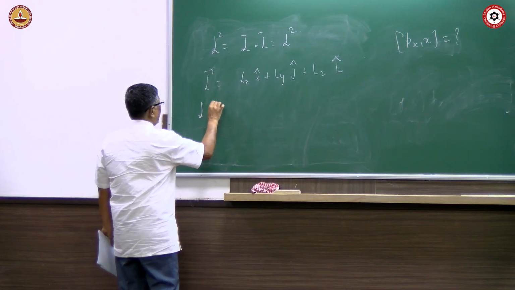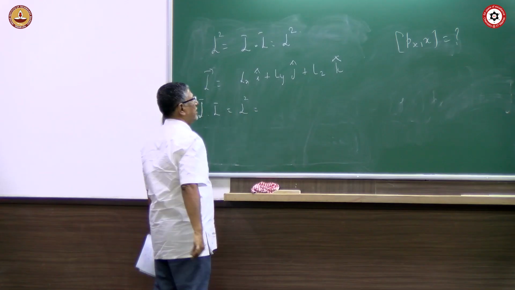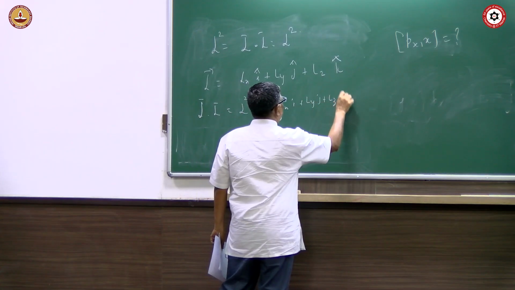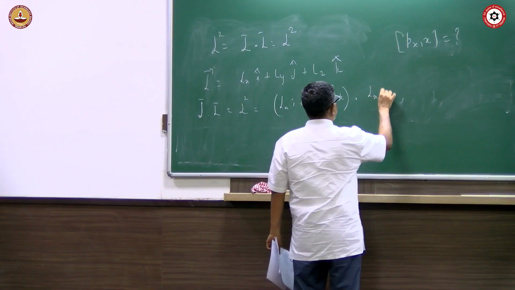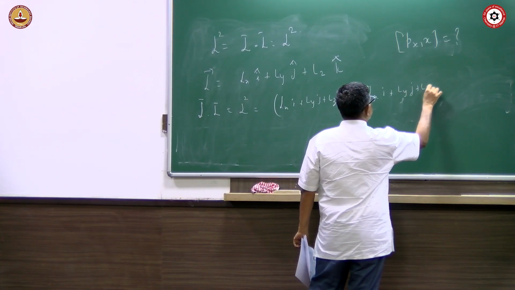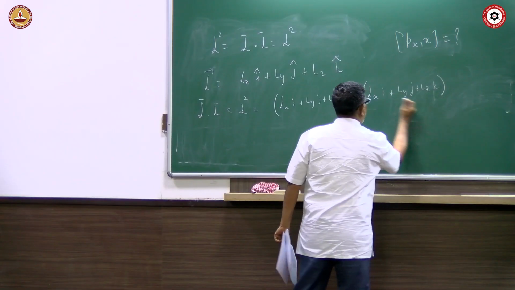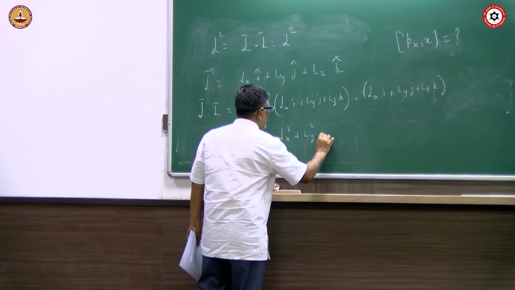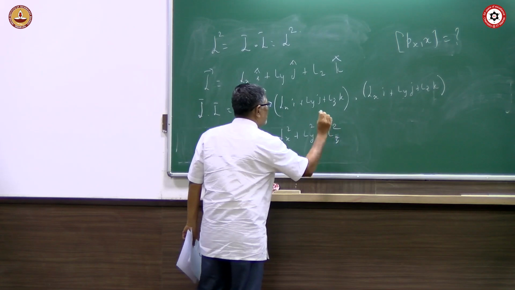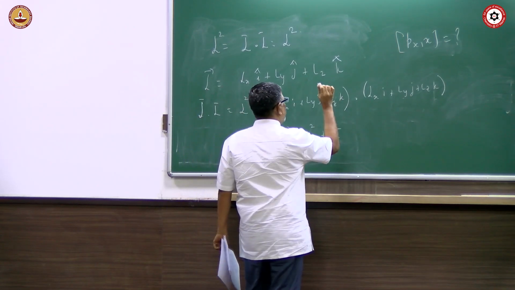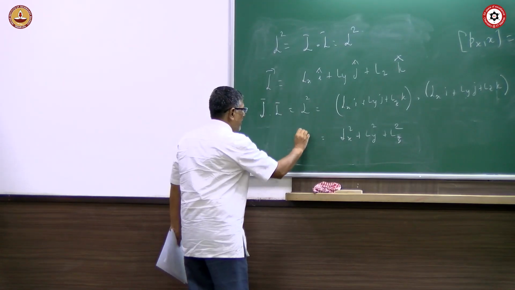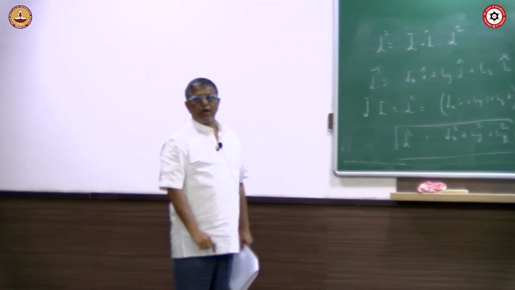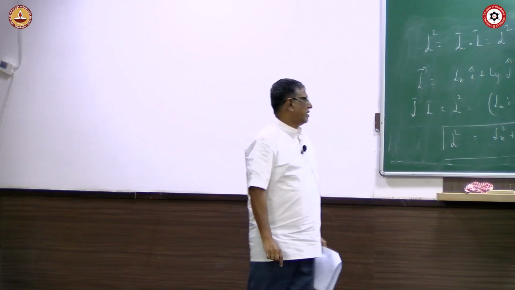Therefore L dot L, you will have a dot product of Lx i, Ly j, Lz k with Lx i plus Ly j plus Lz k, same, right. Therefore what will you get? You will get Lx square plus Ly square plus Lz square. Therefore your L square operator is Lx square plus Ly square plus Lz square. All right.